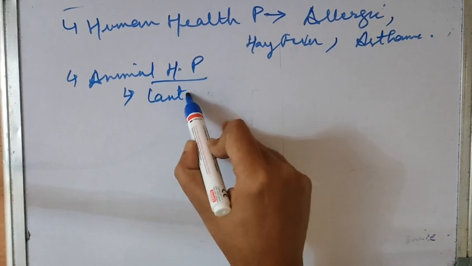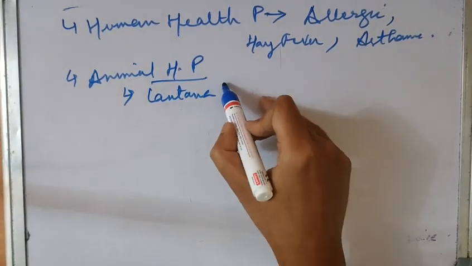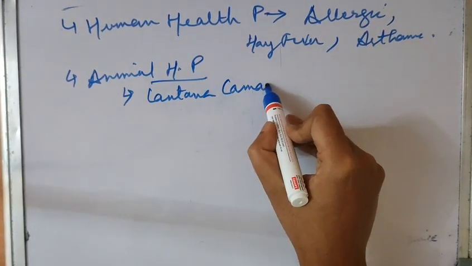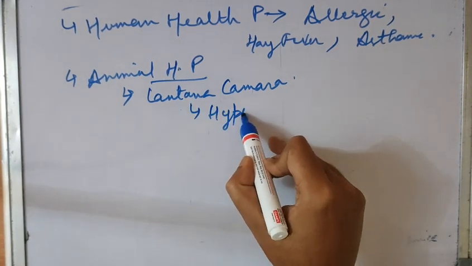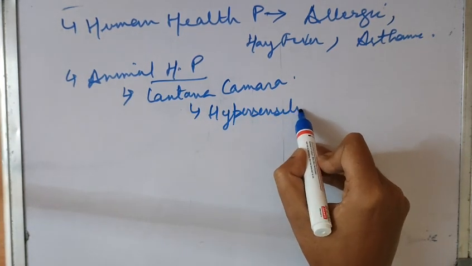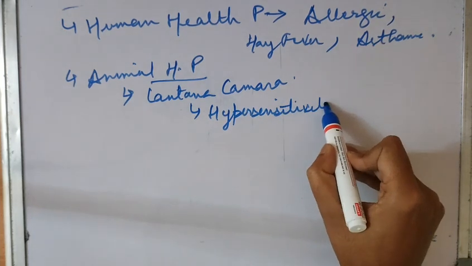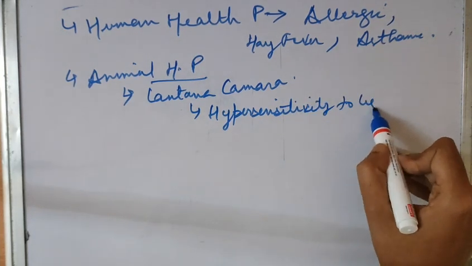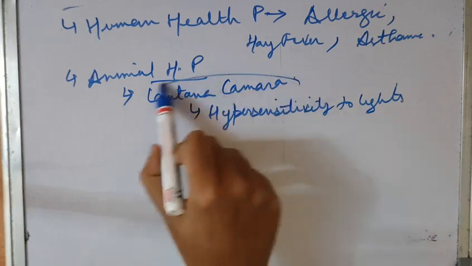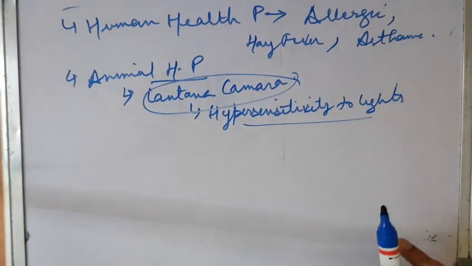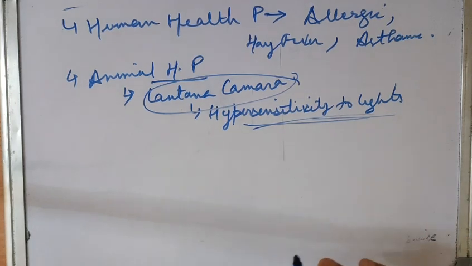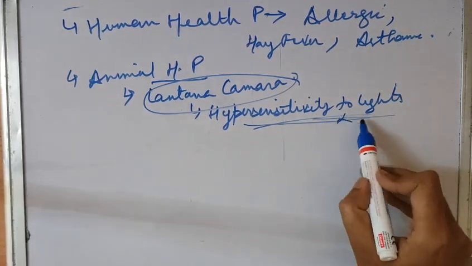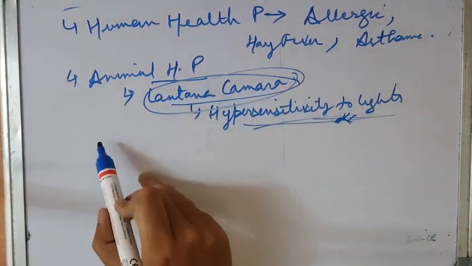Lantana camara, a very common weed found all over India. It induces hypersensitivity to light. When animals eat this weed, Lantana camara, they have to face hypersensitivity to light. They are not able to differentiate colors. Some animals also show vision problems after eating Lantana camara.